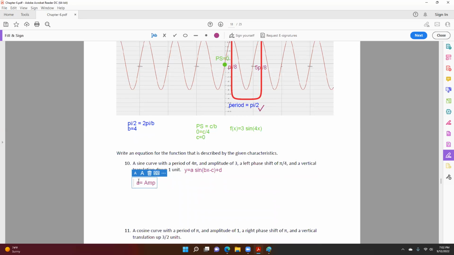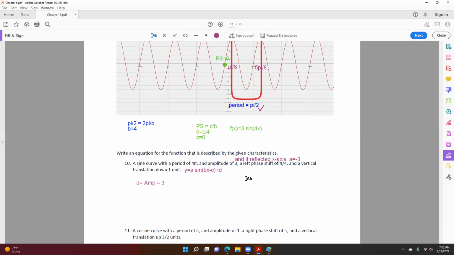Okay. So it's given us that A is 3, because the question told us that the amplitude of this sine curve is 3. Now, if the question says the amplitude is 3 and it is reflected to the x-axis, then your amplitude in this case will be -3.